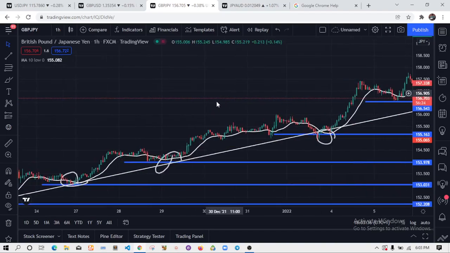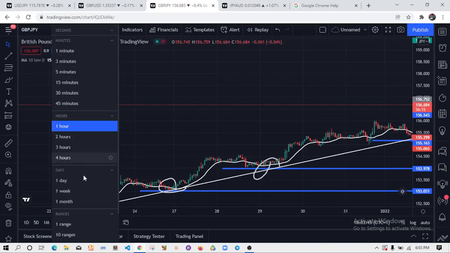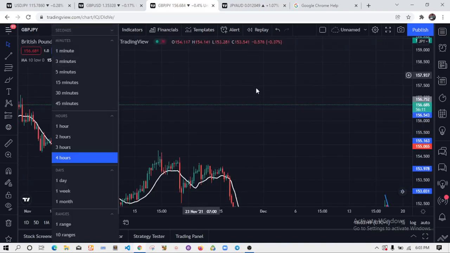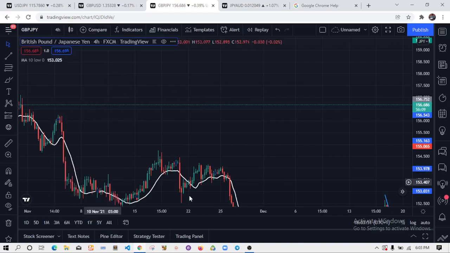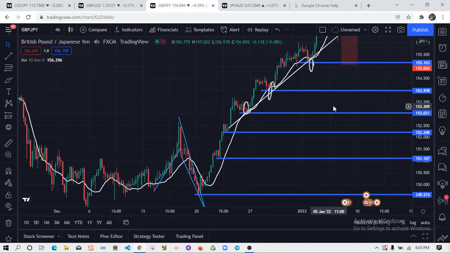So this strategy is very simple. Just check the trend of the market. Check the direction of the price on a higher time frame. Then come down to your entry time. After checking it, you draw your horizontal line on the swing lows. Picture the swing lows and put your horizontal line there.